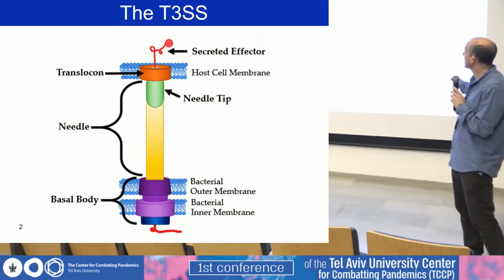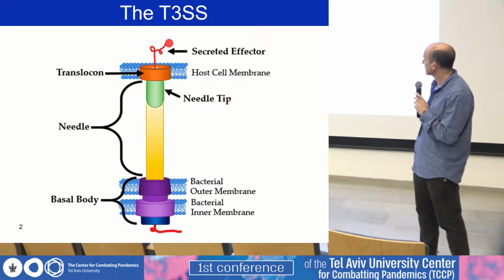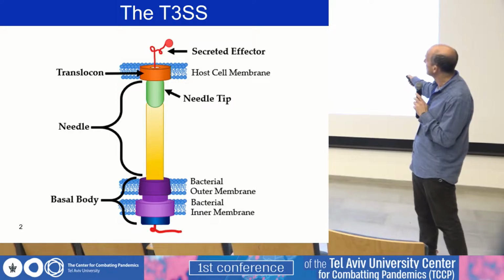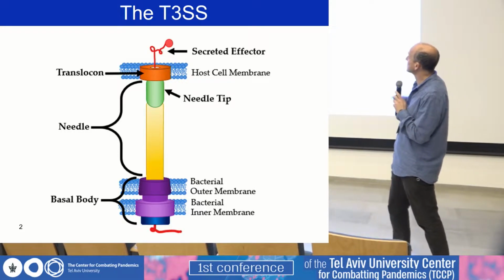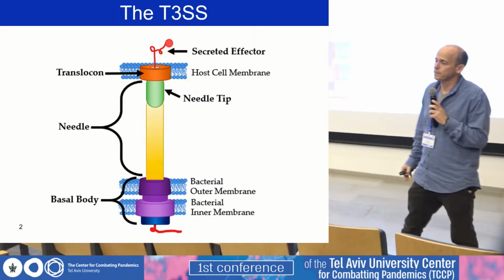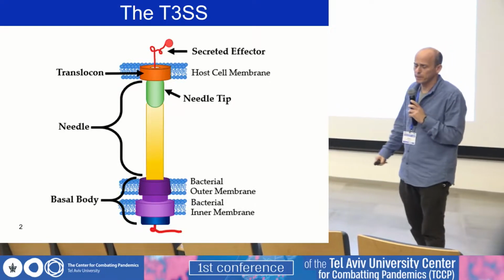And what these protein complexes do is they take proteins that are bacterial protein all the way through the needle, injected into the host cytoplasm, and then in the host cytoplasm they do a lot of things to the host, like inhibit apoptosis, take control of the cell to the benefit of the bacteria.